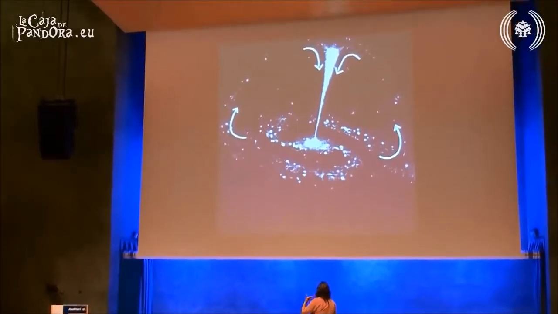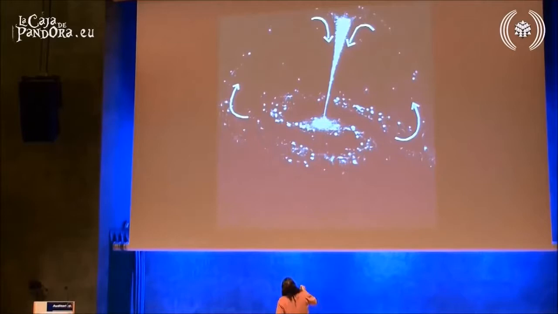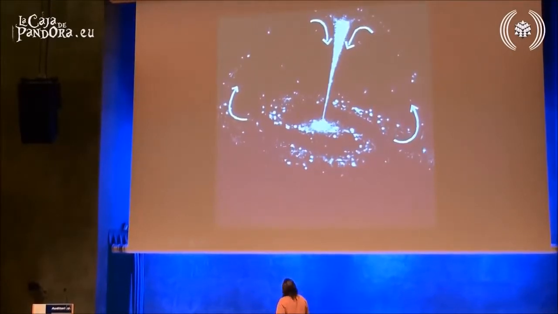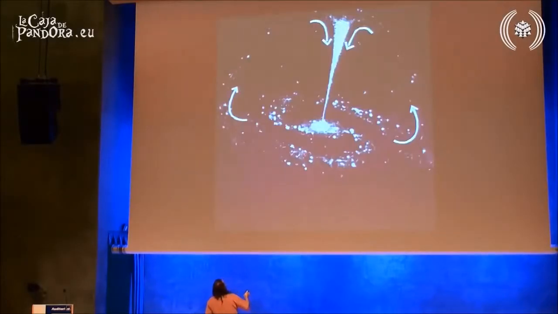I'm losing my voice. And so you can see those dynamics are seen in galaxies. I was saying as well that matter is produced at the center of galaxies. This is actually what we see: huge jets of matter particles being ejected from the center of galaxies.